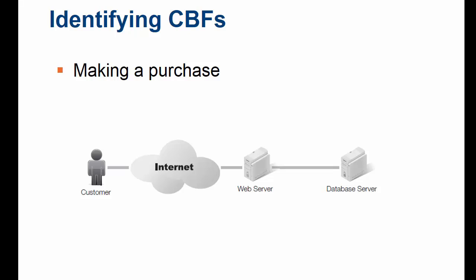As you see on the slide here, you have the customer, the internet, the web server, and the database server. The customer is accessing the internet, and we'll use eBay as an example. They've connected to eBay, which has many thousands of web servers. Let's say you connect to one of them and you're looking for a car part, let's just say a spark plug.